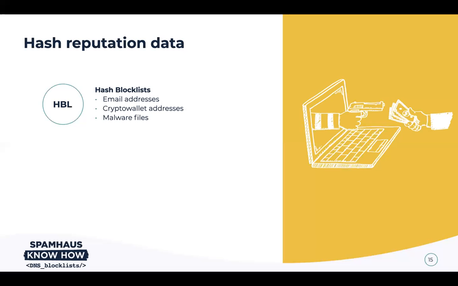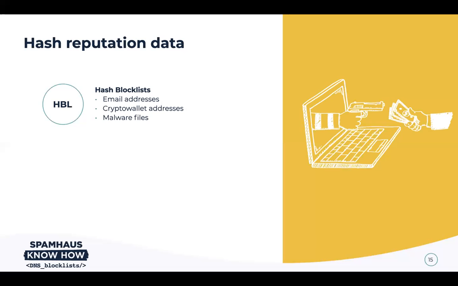An IP is an example, a host name is another example. But if you take something that has its own structure and you hash it, and by hash I mean cryptographic hashes, you get a string of a fixed length, and that string can most likely be transported over DNS, and therefore you can query about it.